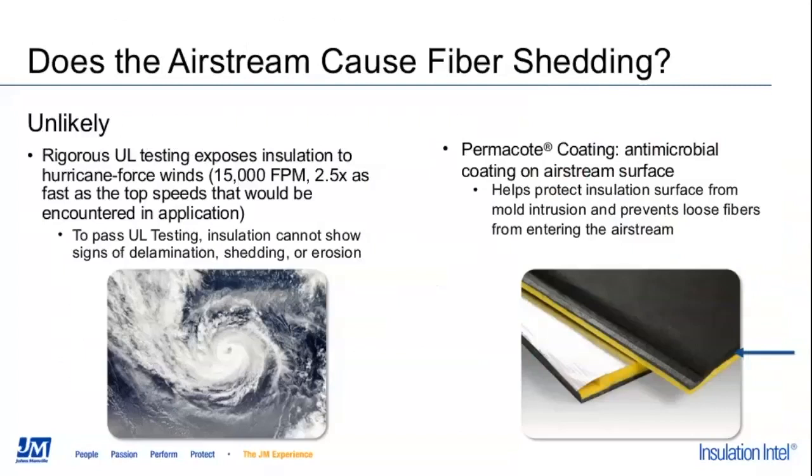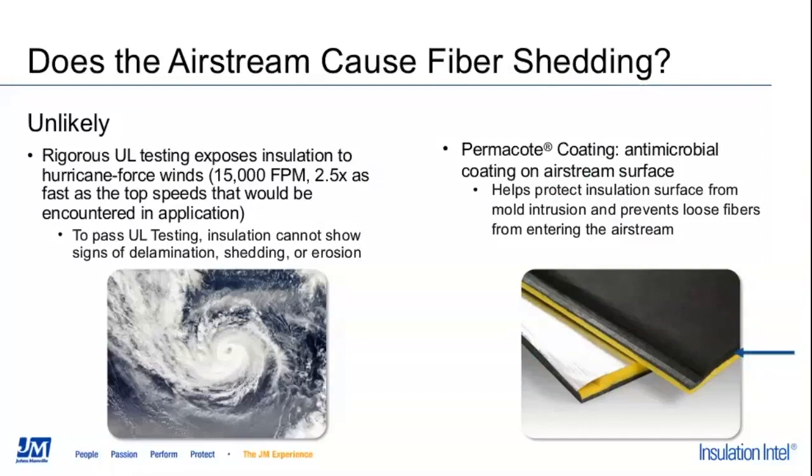The reason for that, and a lot of people have asked, is: does the airstream of a fiberglass lined duct cause fiber shedding? The simple answer to that is unlikely. Our duct liner insulations receive a UL rating, and in order to get this UL rating, you have to expose the fibers to hurricane force winds, about 15,000 feet per minute.